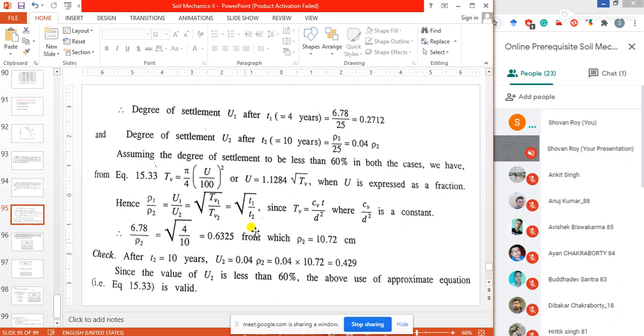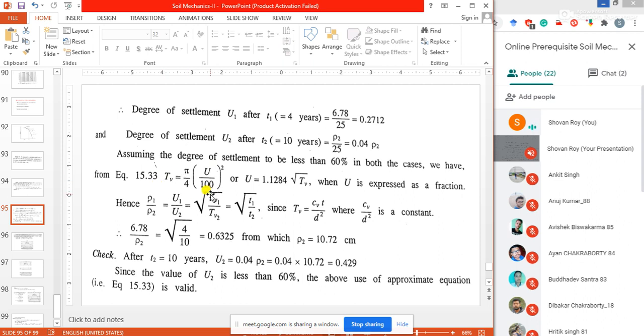For that case we have taken, assuming the degree of settlement to be less than 60% in both the cases, from the earlier equation, Tv equals pi by 4 into U by 100 whole square. This formula is applicable to find the time factor when the degree of consolidation is less than 60.